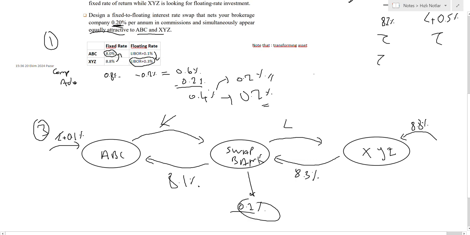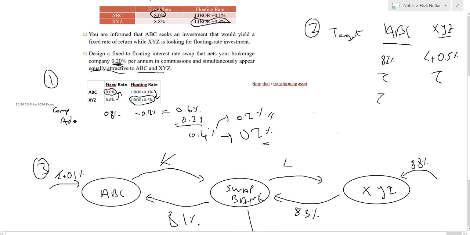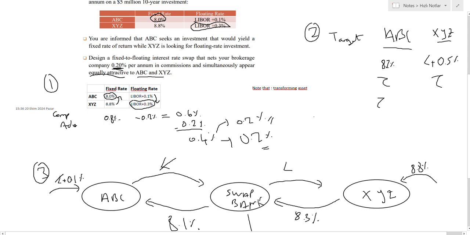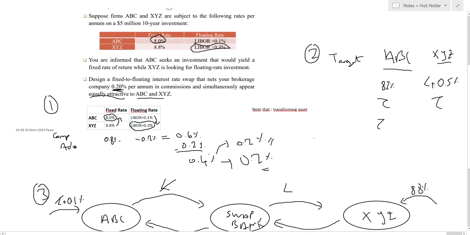So as a swap bank we earn the money. Also ABC company is happy because at the end of the day we are giving 0.2% more interest rate, and XYZ company is happy because we are giving again 0.2% more than they expect.